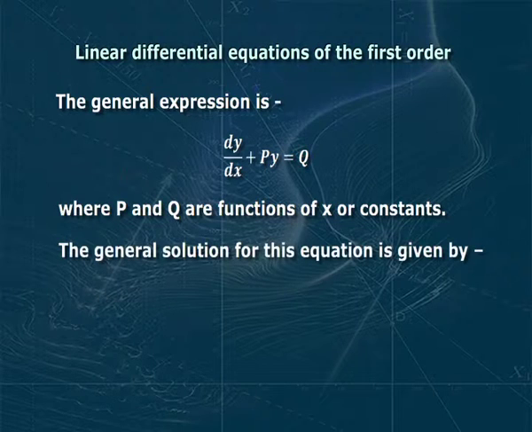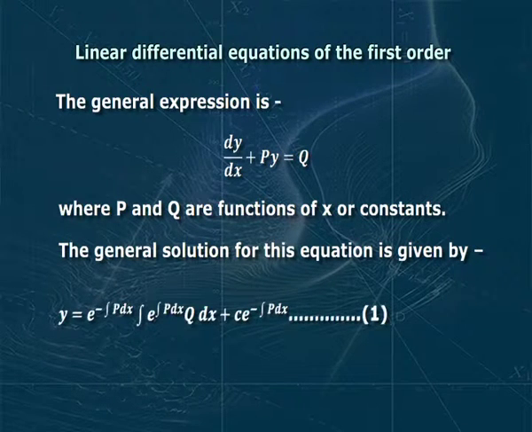The general solution for this equation is given by y is equal to e raised to minus integration of P dx, integration of e raised to power integration of P dx into Q dx, plus C e raised to power minus integration of P dx. This will be our equation number 1.